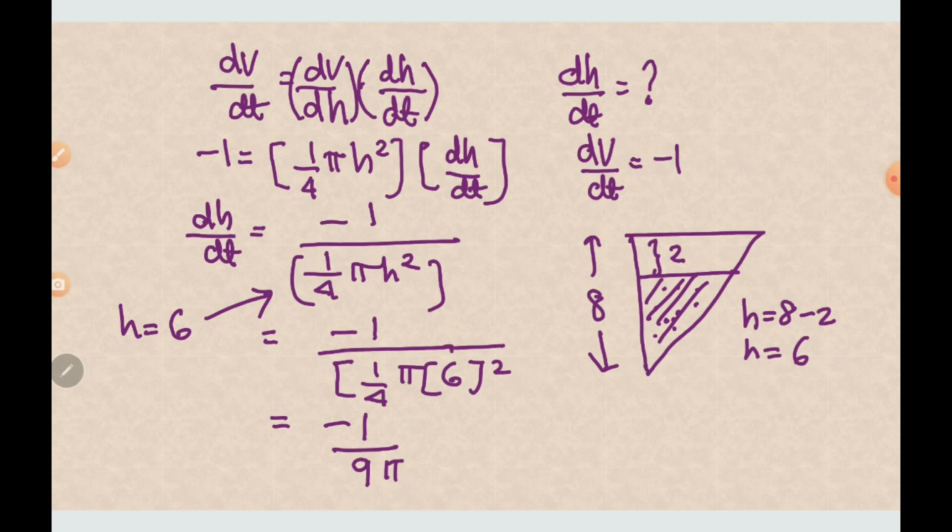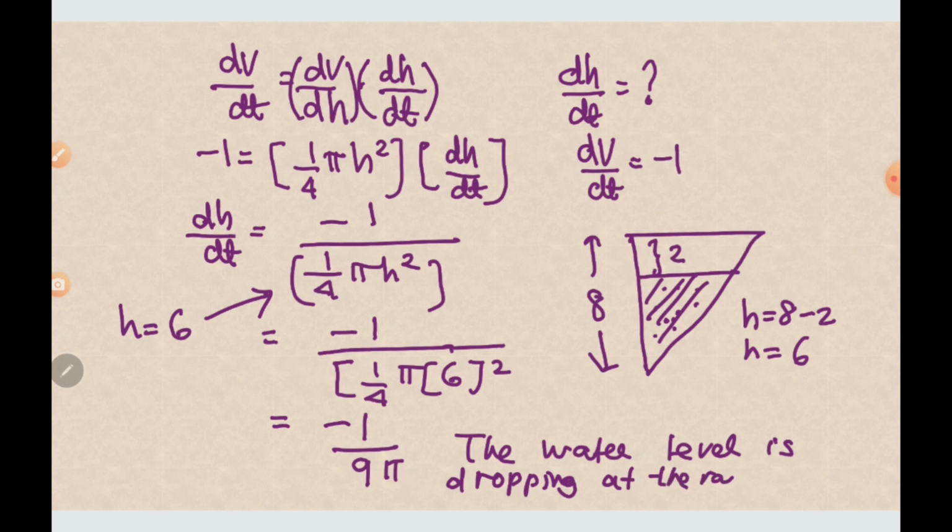So what is the conclusion that we can make here? So we can say that the water level is dropping at the rate of 1/9 pi centimeter per second.